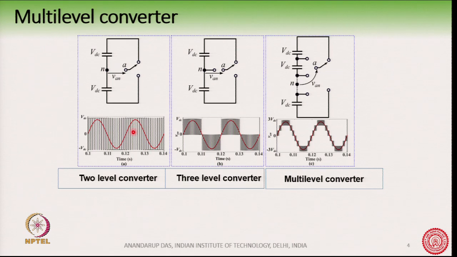If you observe this carefully, there is always an instantaneous error between the red curve and the black curve. For example, if we are using this 2-level converter for a motor drive application, this is a DC to AC converter or an inverter.